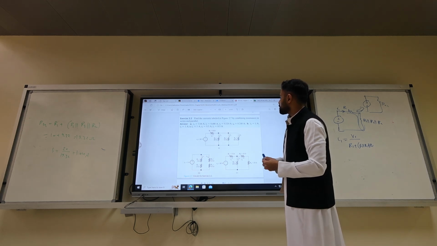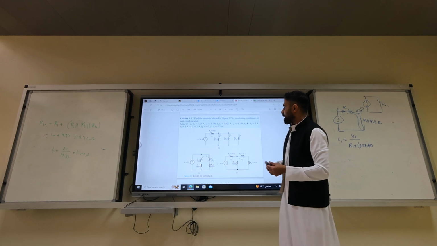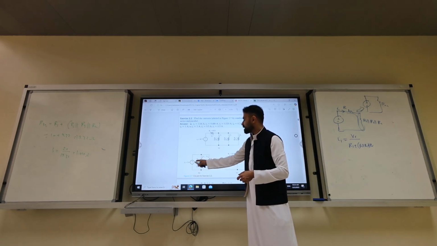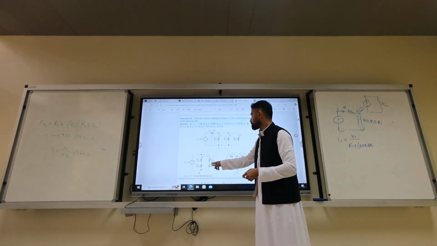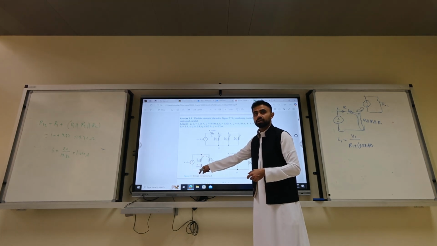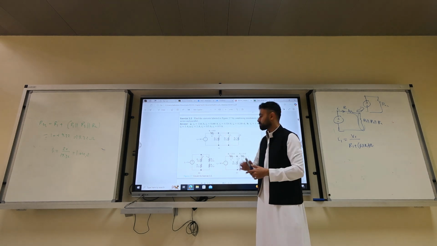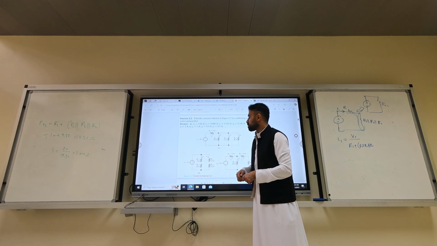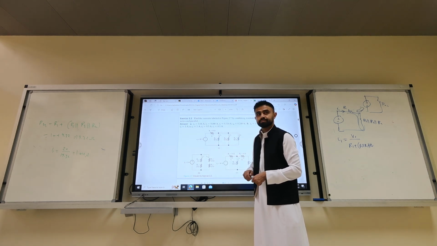Another approach, this problem, how to solve it? Series, parallel. So we can say the 2 amps. We can find the combination. So 10 plus 10 is 20. 20 parallel with 20 is 10. If they are the same, half. 10 times 2 is 20 volts. So 20 volts here, 20 volts there.